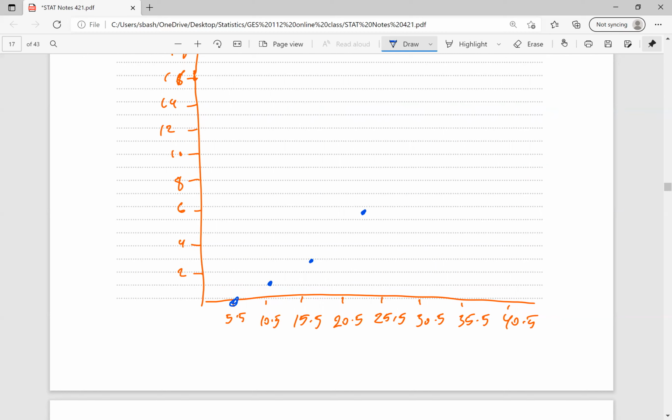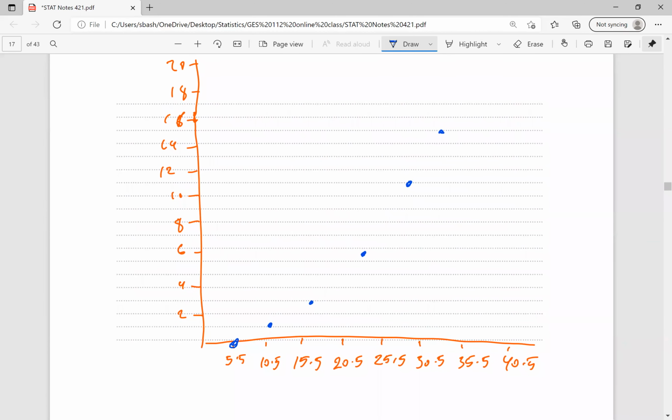It will be about this point. 30.5 is 15. Next one was 18. Last one was 20. And our ogive is moving, just connect between these points.